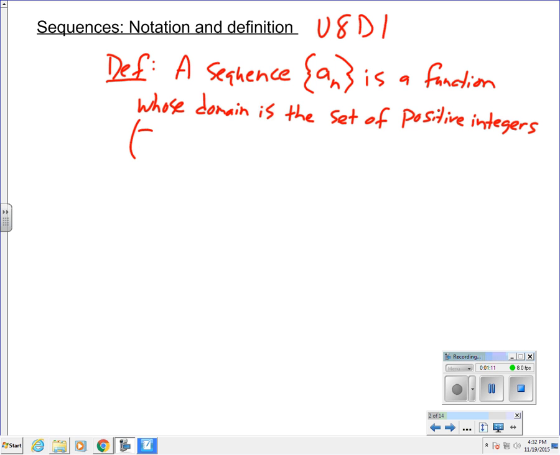Which we can abbreviate as Z plus, a shorthand way of saying set of positive integers.